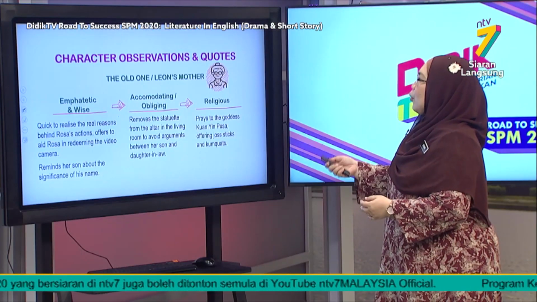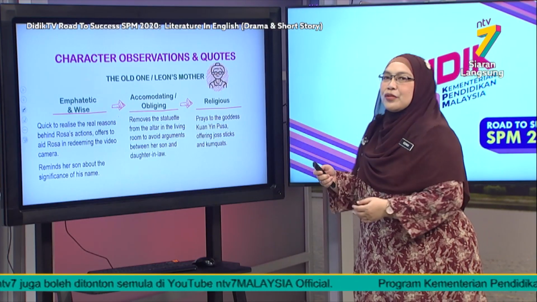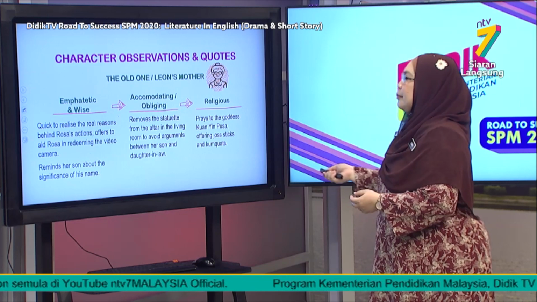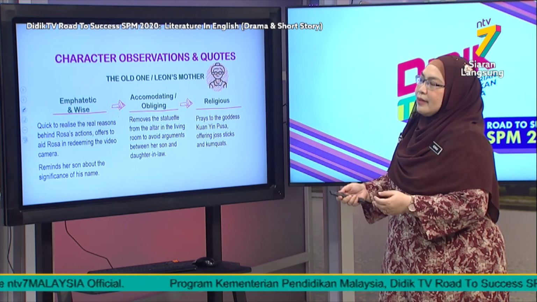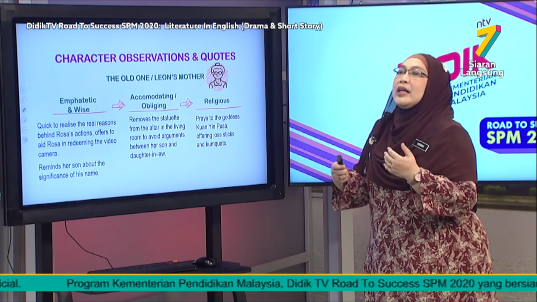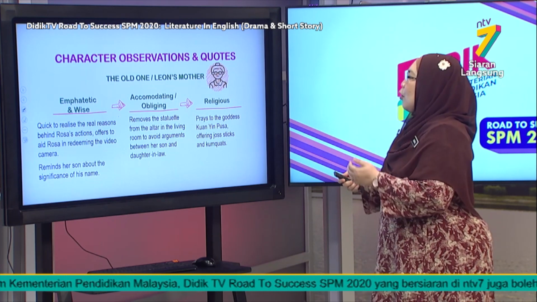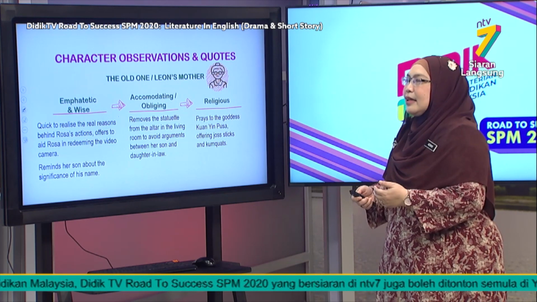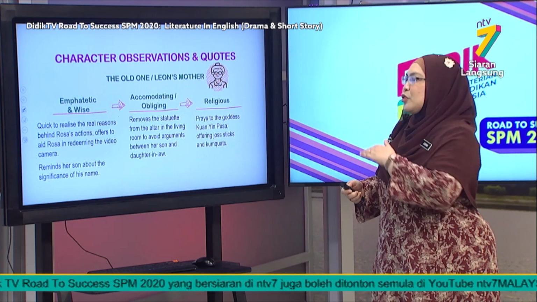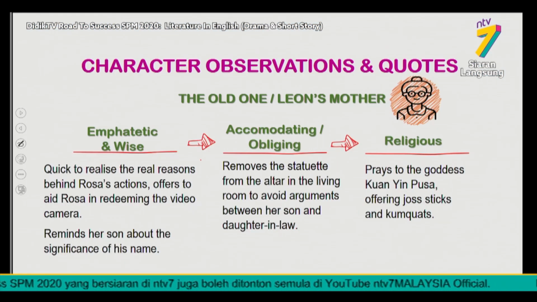Then you have the Old One, all right, Leon's mother, who stays with them. She is a wise one because she has gone through so many hardships in life. She's so obliging and accommodating, all right? Whenever she can, she just wants to reduce the tension in the house. And she is spiritual or religious because she prays to the goddess Kuan Yin, Pusa, whenever she seeks comfort, right?